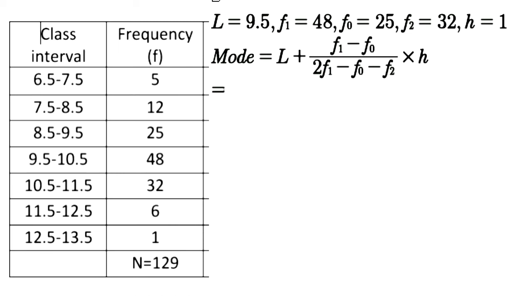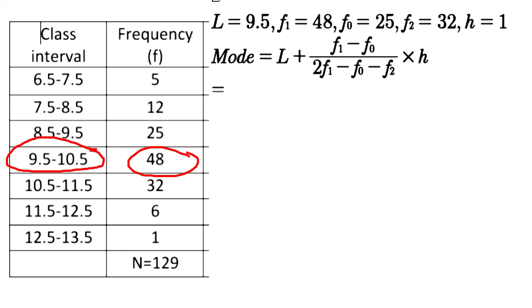Now we will find the mode value. Since the question is given in class intervals, we will use the formula L plus F1 minus F0 divided by 2F1 minus F0 minus F2, into H. Here L equal to the lower class limit of the modal class. We found that 48 is the highest frequency value, therefore the corresponding modal class will be 9.5 to 10.5.